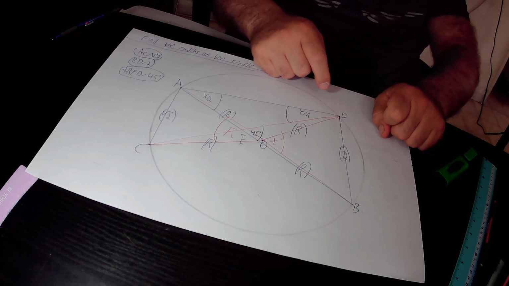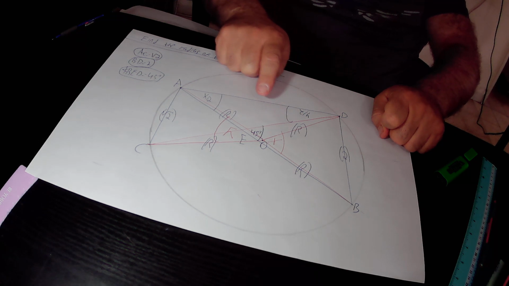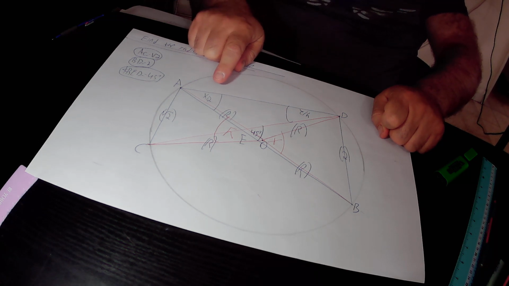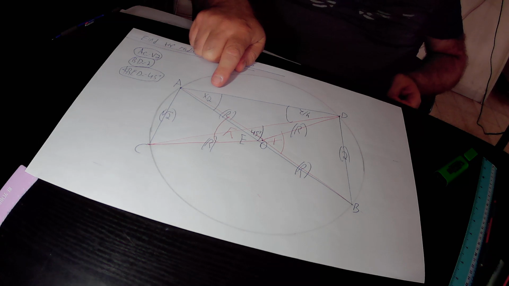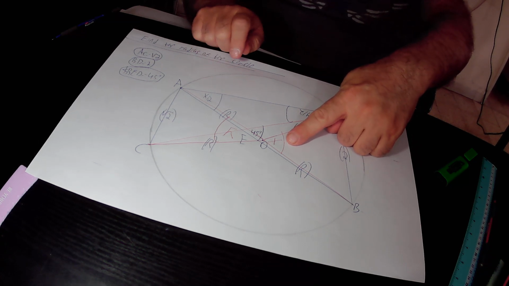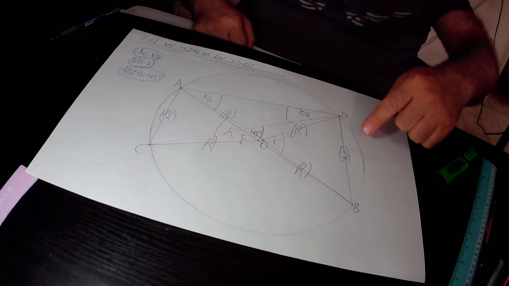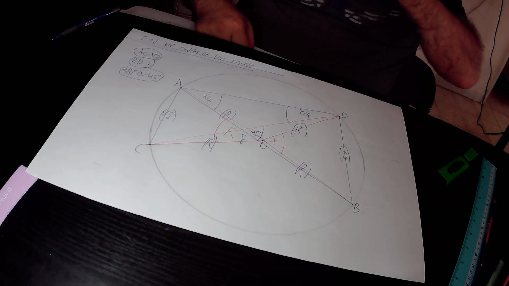Therefore, according to rule 13, the size of the center angle DOB must be twice as large as the size of this peripheral angle DAB that is subtended on the same chord called DB. The size of this peripheral angle DAB is x over 2. Therefore, the size of the center angle DOB that is subtended on the same chord called DB must be equal to x, according to rule 13.